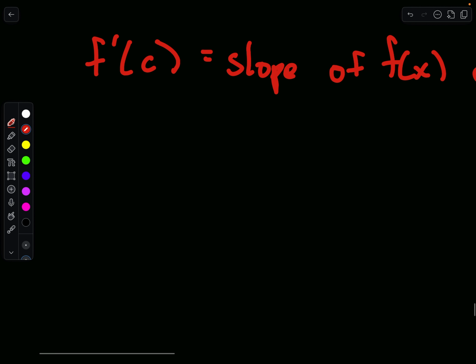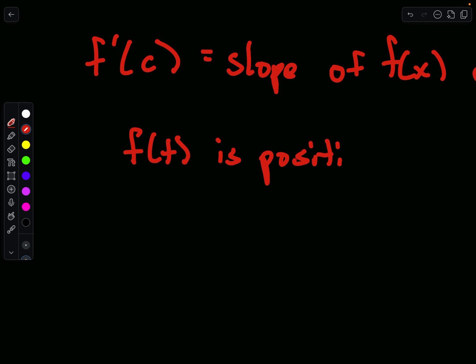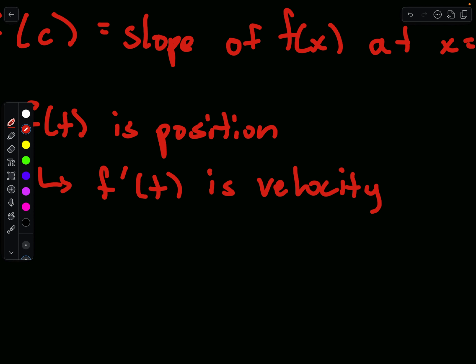So we see that, for example, in a real world situation, if f of t is position, then f prime of t is your velocity. This is because velocity is just the rate of change of position.